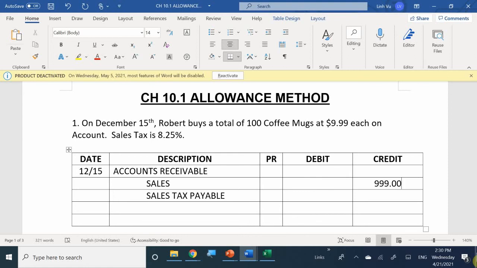$999 even? Oh yes, even. And then sales tax is $82.42. Okay. So therefore, in grand total, how much does Robert owe me? $1,081.42. Okay, $1,081.42.